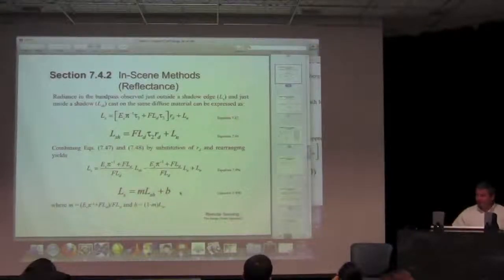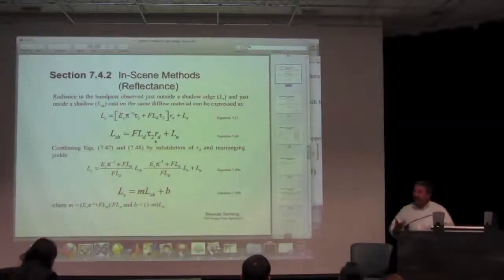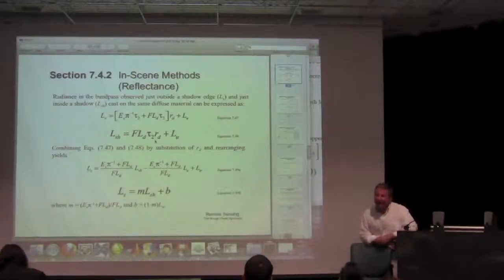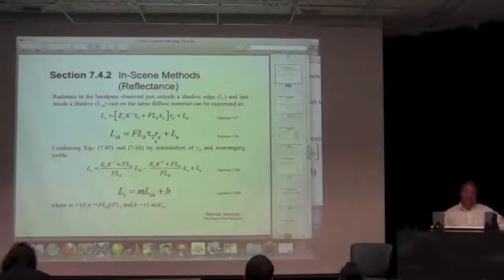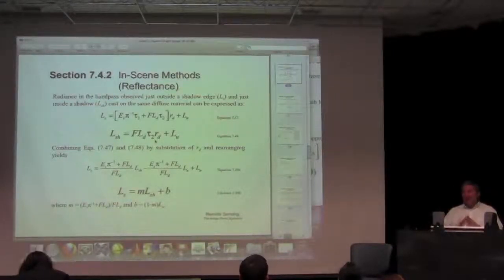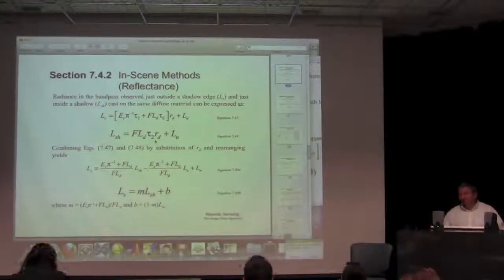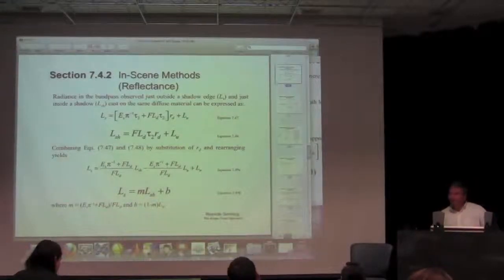But RD, you know from tables? Or RD, you'd have to know, right? You would have had to make measurements on the ground, or you say, hey, that's asphalt, I know the reflectance of asphalt is this, or it's concrete, I know the reflectance of concrete is that. Those are all lies, right? Because the minute you lay concrete, it starts to oxidize and change. But here you have two equations, and you can solve for two unknowns, right?